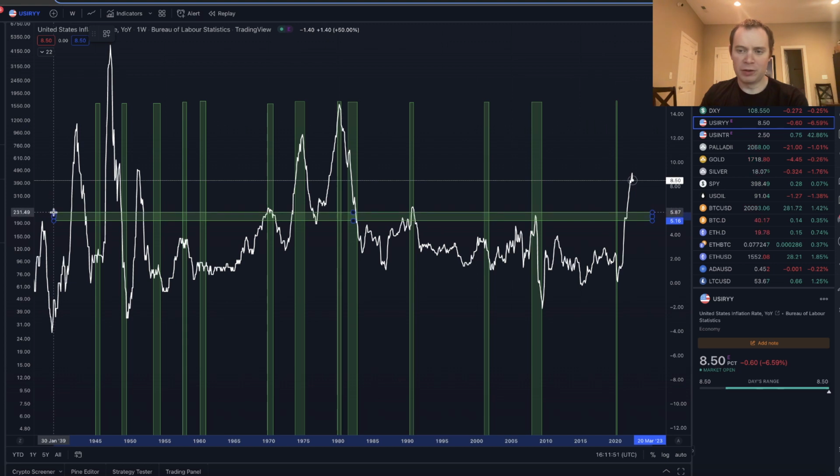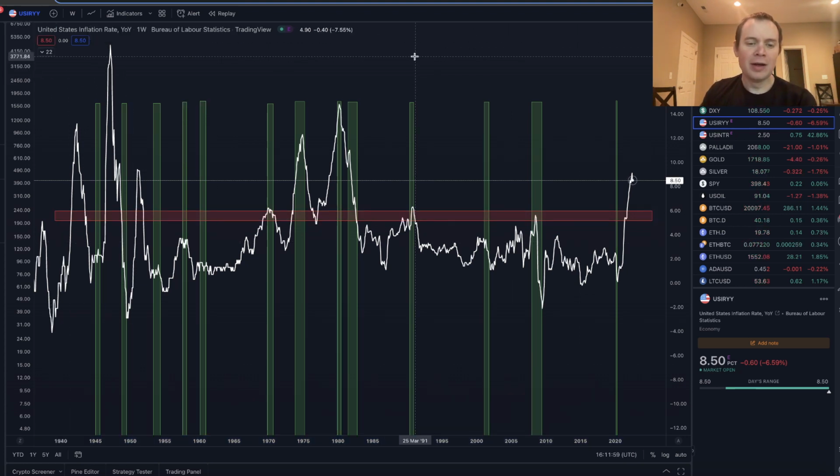Okay, so I'm going to shade this a different color just so it shows up a bit better. What I'm interested in is, has there ever been a time where inflation went to at least 5 or 6% and then a recession did not follow at some point, either during that phase or shortly thereafter?